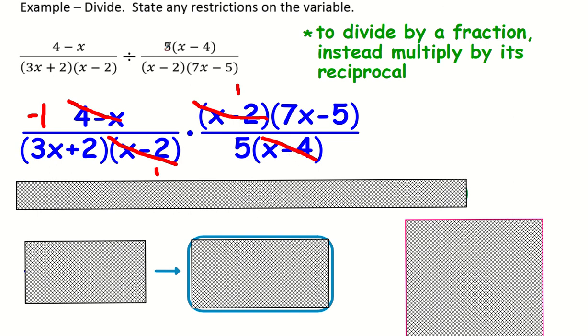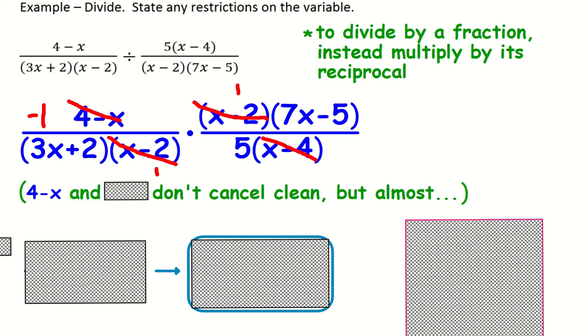So things like this that are comparable, you can actually cancel out, but what's going to be left behind is a negative 1. So 4 minus x and x minus 4 don't cancel clean, but almost. When they cancel, you'll have a negative 1 left behind.